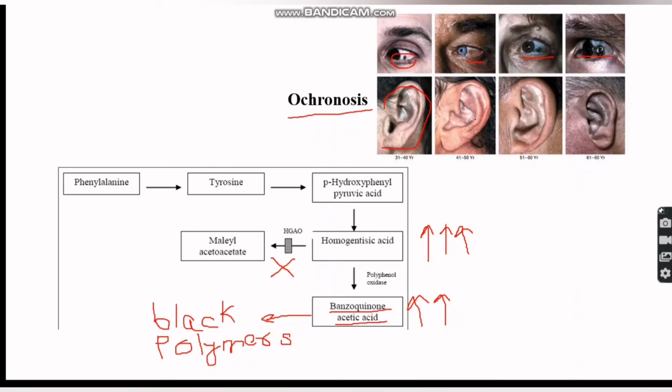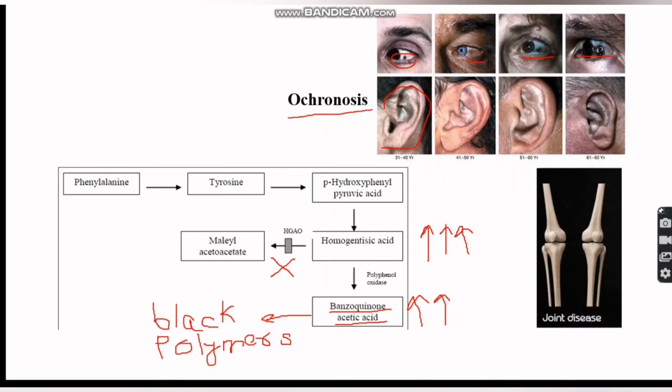These ochronotic tissues become stiffened with time, and they are unusually brittle, and it causes damage. Over time, it also changes the color of the affected tissue. The tissue will become black or stale blue in color, and the buildup of the substance in the joints will also lead to arthritis.